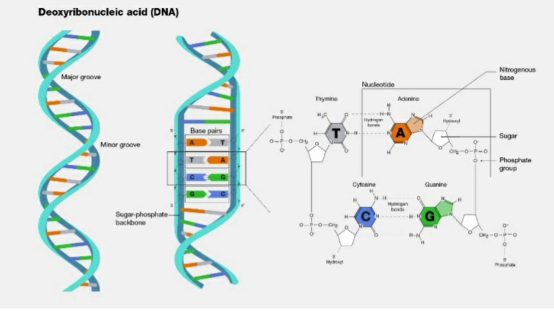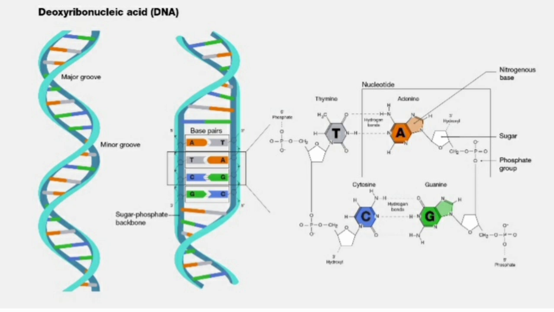It is made up of nucleotides, which consist of three components: a phosphate group, a sugar group, and a nitrogenous base. The four nitrogenous bases are adenine, thymine, cytosine, and guanine. These bases pair in specific ways to form the rungs of the DNA double helix.